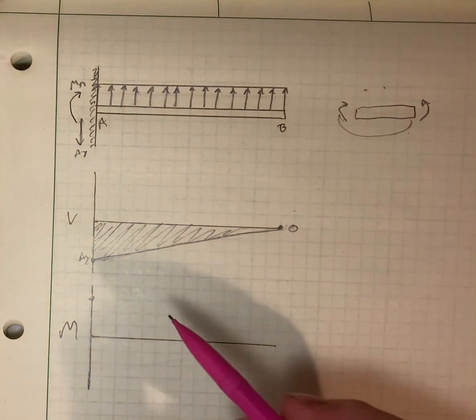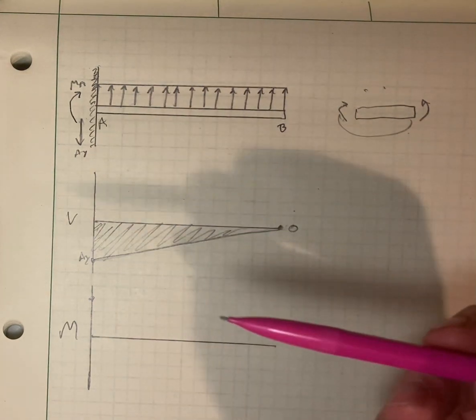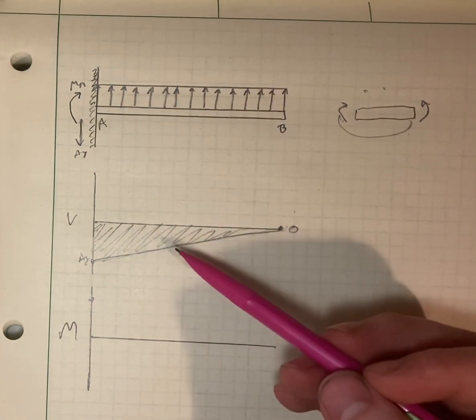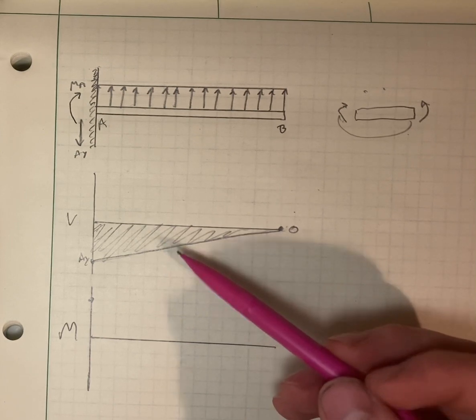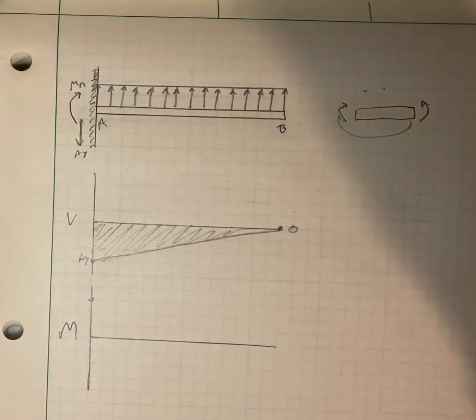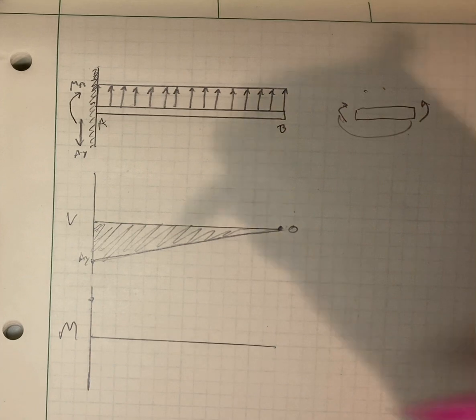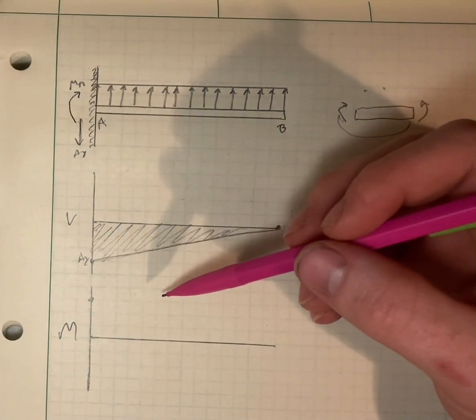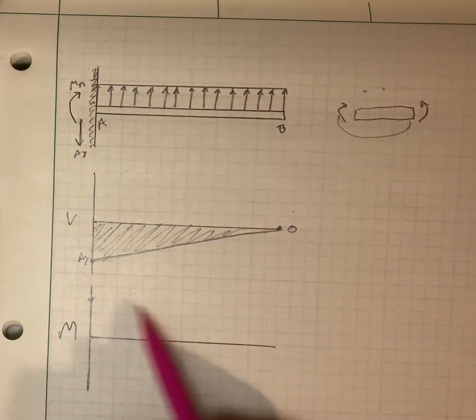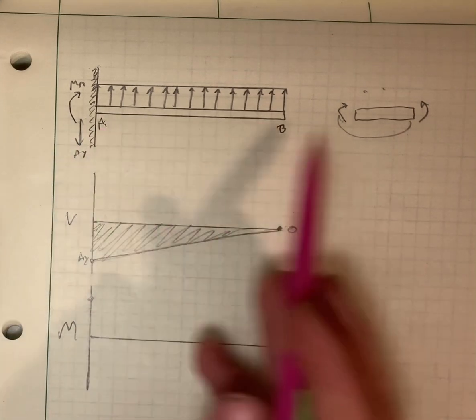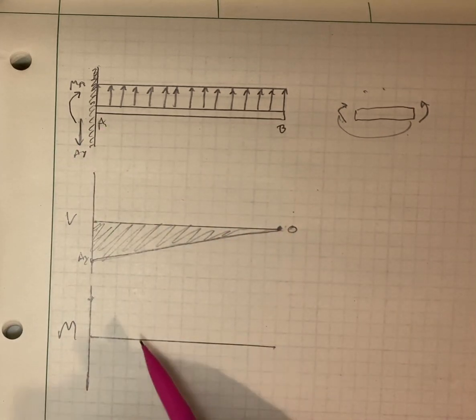And again, like I said, we're integrating, right? So this linear line becomes a parabola type of thing. And so we know we're going to end up back at 0 because, again, there's no more moments acting on it.